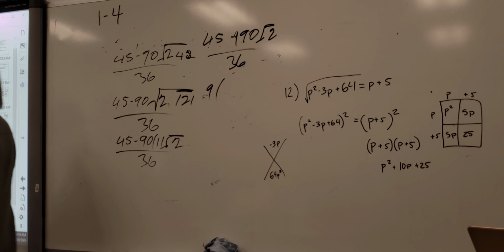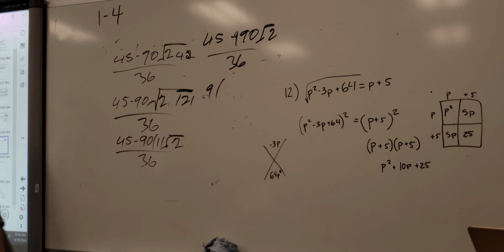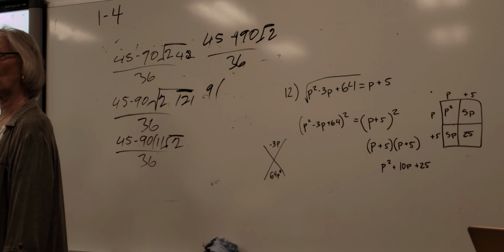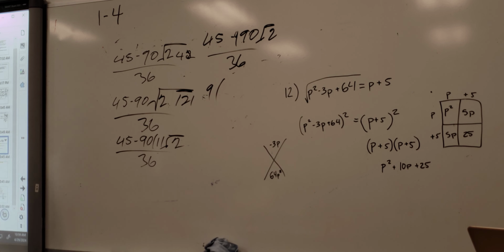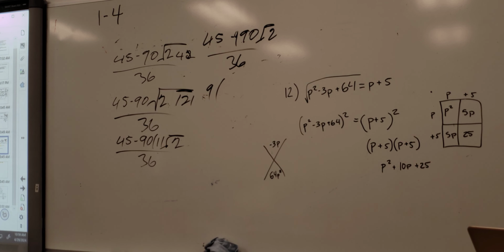What does i squared equal? Negative 1. You better know that on your exam if you don't. So this is negative 1 times the negative 49. What do you get? Plus. So it's 64 plus 49 for your denominator, whatever that is. On top, you just have to distribute that 2 times the 8, and then 2 times the 7i. That's distributive.